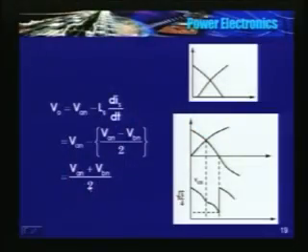If I substitute here, V0 is found to be (VAN plus VBN) by 2. So remember, in a 3-phase case, when two devices are conducting, output voltage is the sum of the two phase voltages divided by 2.